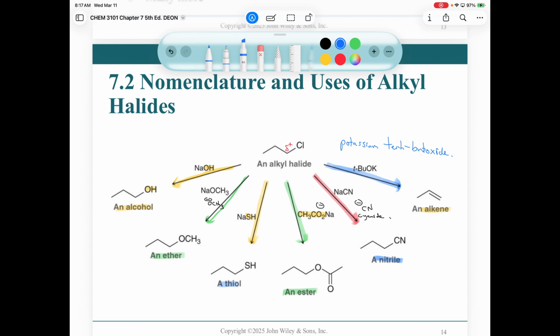Now again, there's a lot of information on this slide, but you and I want to know how to make a lot of different compounds. And so already we've figured out we can take an alkyl halide and we can do many different things with it, okay? And if you're wondering, do I have to know all these things? The answer is yes.